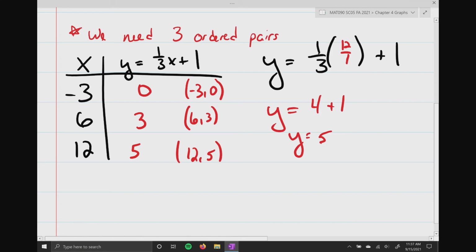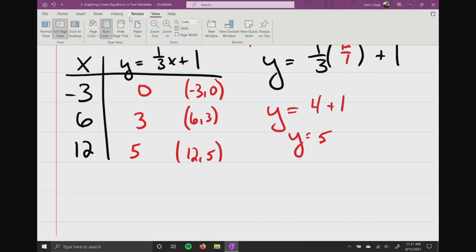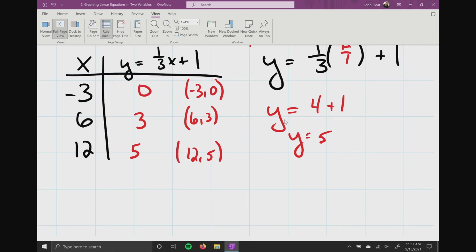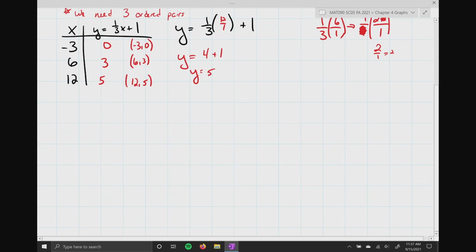Now here comes the fun part. Notice I'm switching over to my graph paper because I am terrible at graphing things by hand. And the reason why I'm terrible is because I'm sloppy.